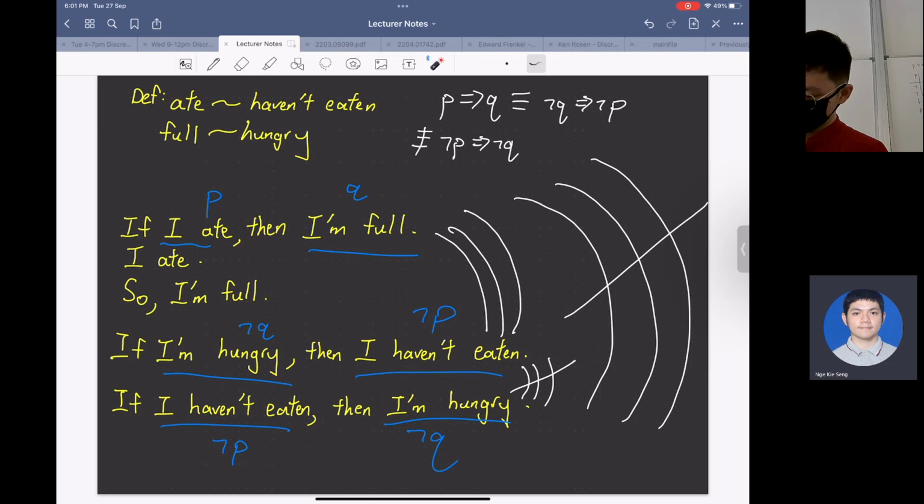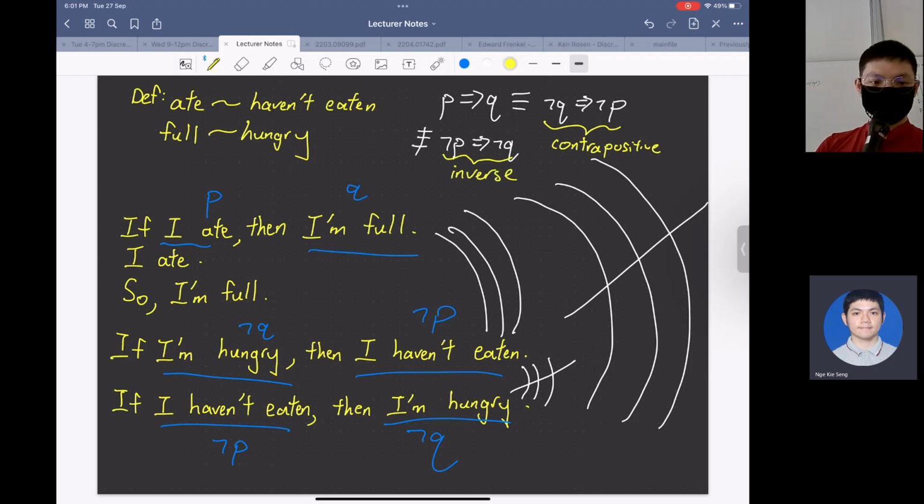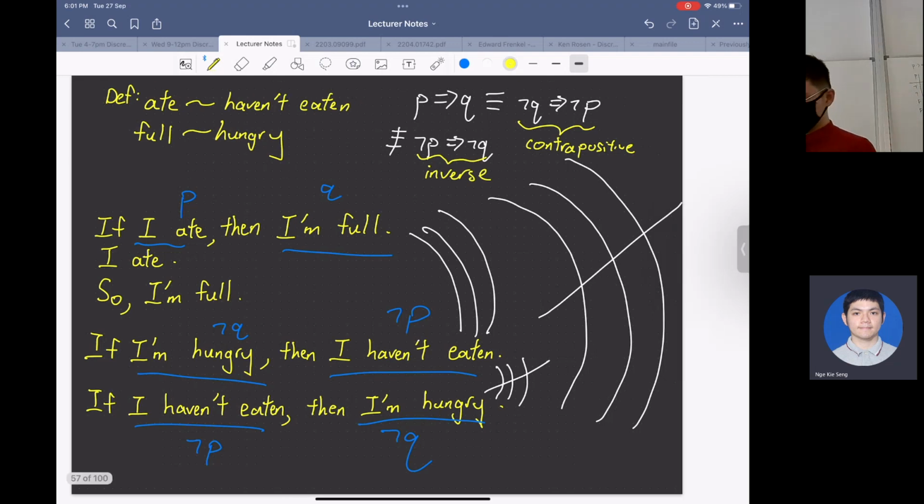You swap and then you put two negations. Contrapositive. How about this one? Inverse.